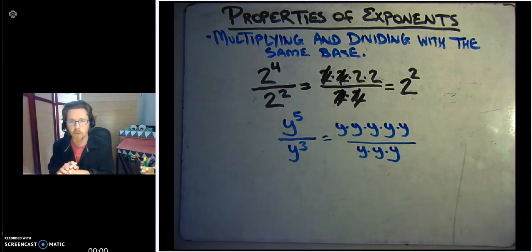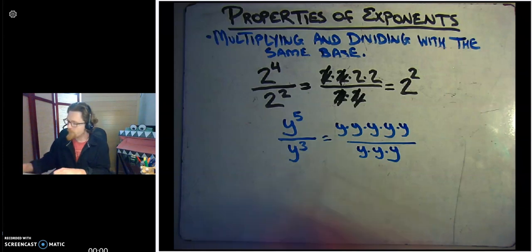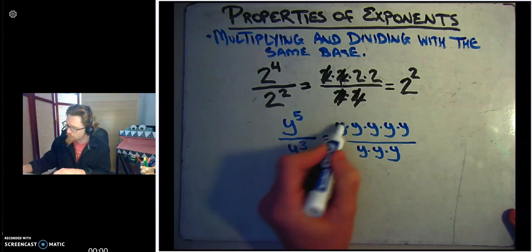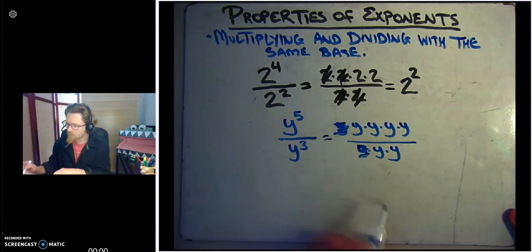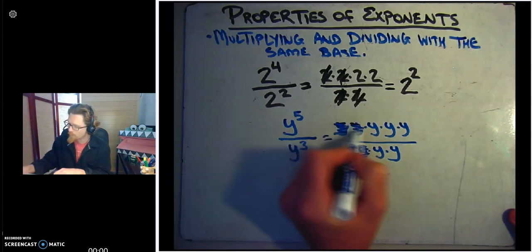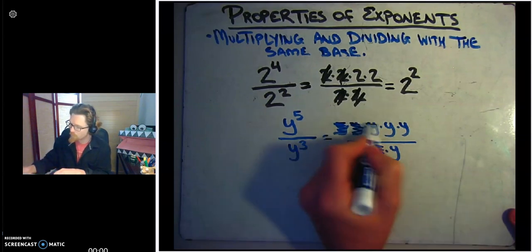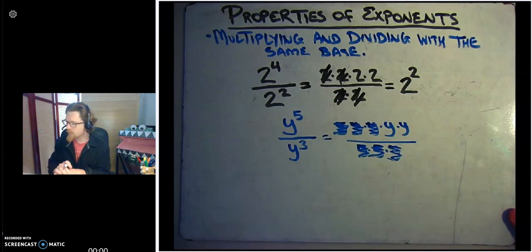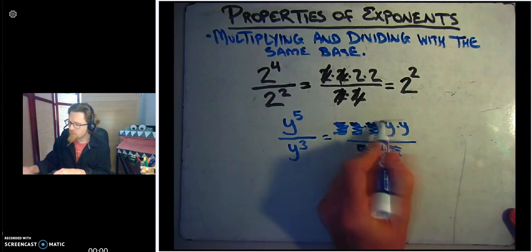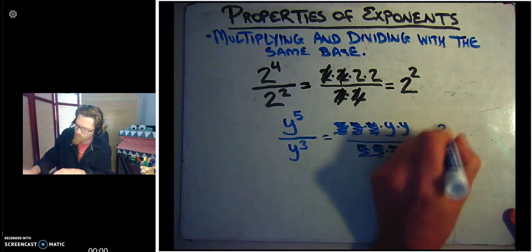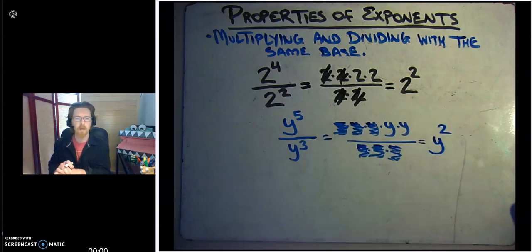Although we don't know what y is, we do know that when you have the same number divided by itself, you get 1. So in a sense, this y cancels with this y. A y on top and a y on bottom cancel, creating 1, and again another y on top and bottom cancel, creating 1. And we just end up with y times y, which simplifies to y to the 2nd power.